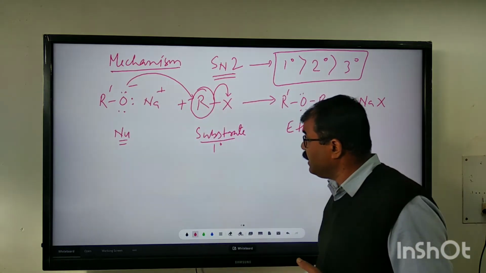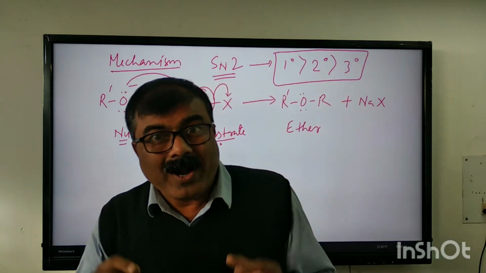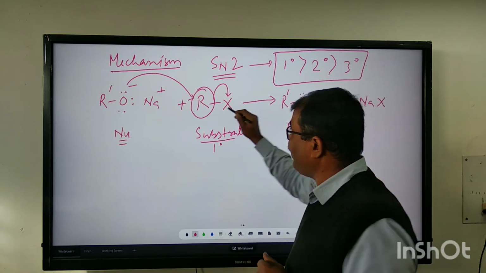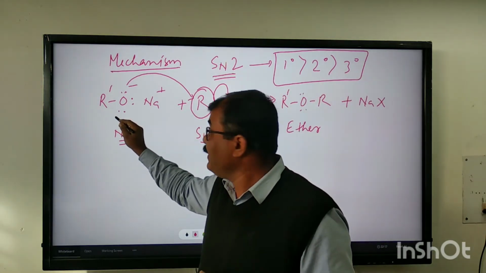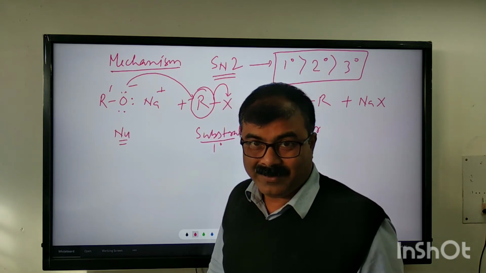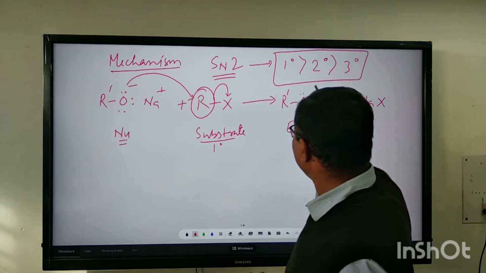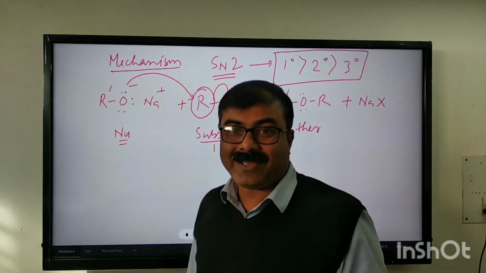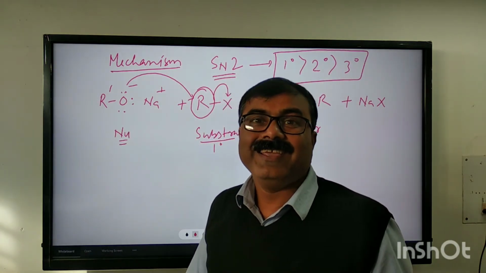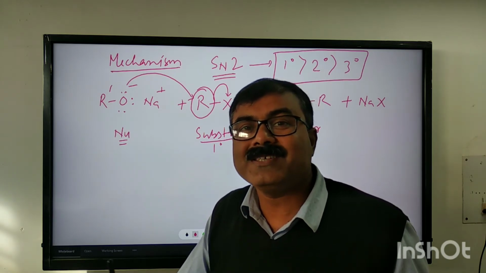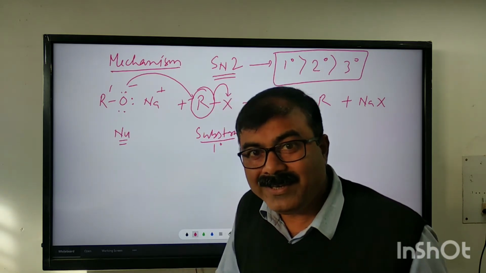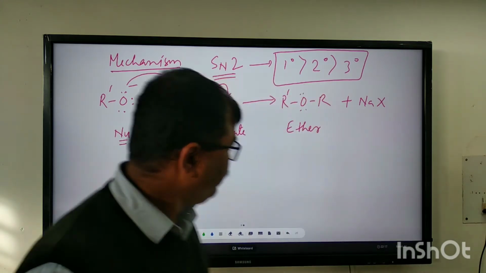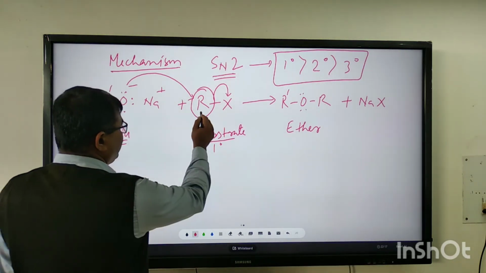Alright. Now my dear student, what will happen if secondary or tertiary alkyl halide is allowed to react with sodium alkoxide? Okay, if we allow secondary or tertiary alkyl halide to react with sodium alkoxide, then elimination competes over substitution. Means we will get the eliminated product, that is alkene. For example, let me show you.